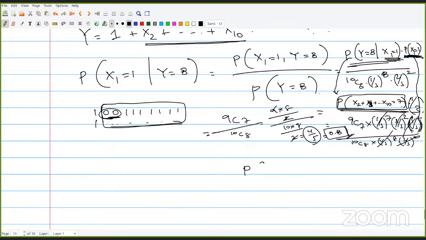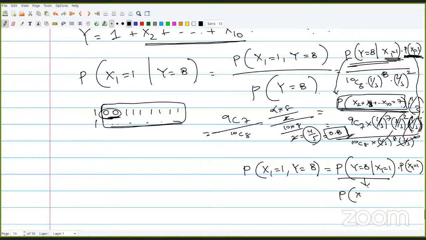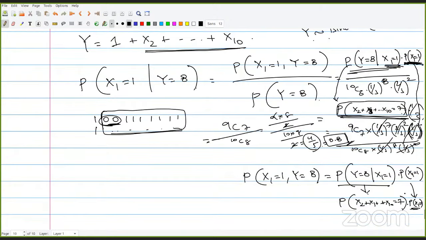See, this particular x1 equal to 1, y equal to 8, I can write as the probability that y equals 8 given x1 equals 1, times the probability that x1 equals 1. Now this conditional distribution can be simplified like this: x2 plus x3 plus and so on up to x10 is equal to 7. And again, there will be the probability of x1 equal to 1 in the product. Okay, I think 0.8 is correct.